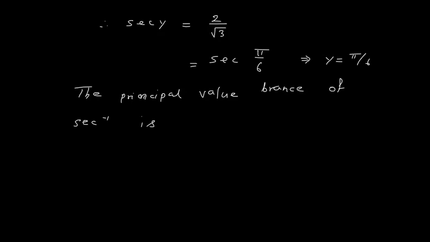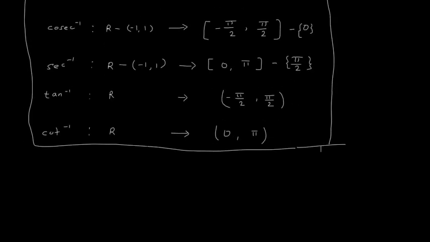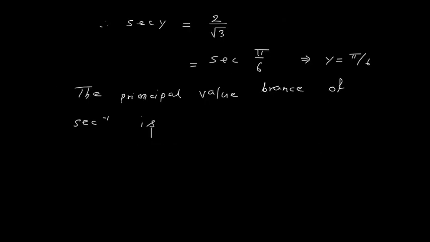For sec inverse it is 0 to pi minus pi by 2. So here pi by 6 what I am getting, it is in this branch. So pi by 6 is between 0 and pi, and this is not pi by 2. So therefore this value pi by 6 is my principal solution.